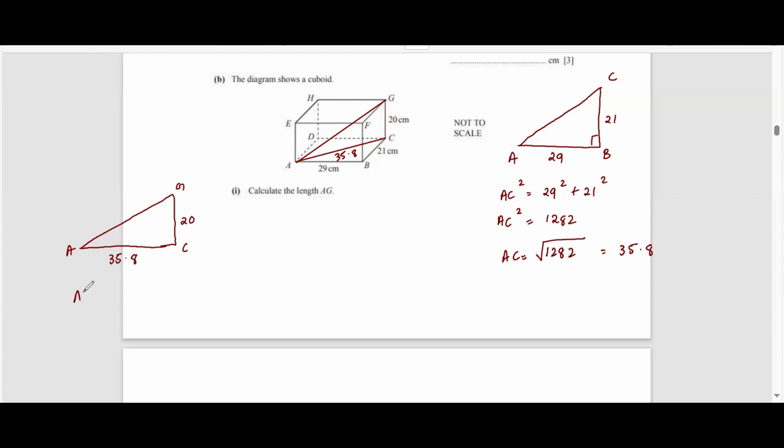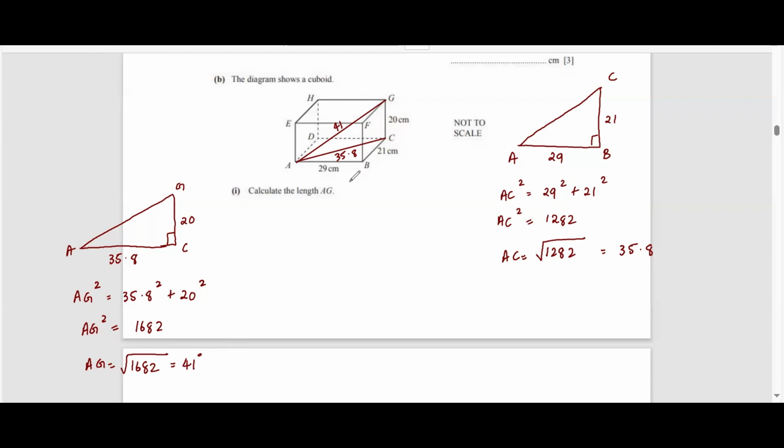We just have to find what AG square will be: 35.8 square plus 20 square, which will give us 1682. That is AG square, but we need AG. AG will be the square root of 1682, which is 41. See, we got AG as 41 centimeter.